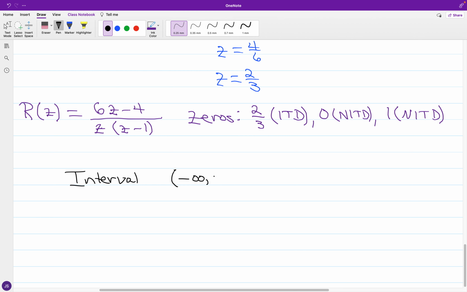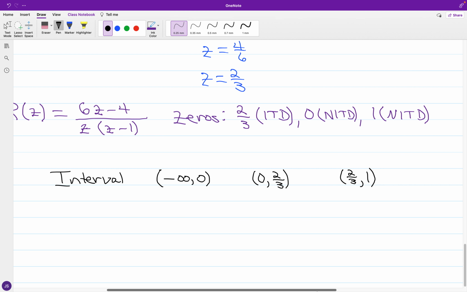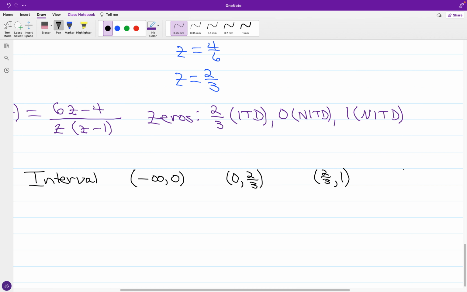So the first interval section will be those values of z less than 0, and then we have those values of z greater than 0 and less than 2/3. And then we have those values of z greater than 2/3 and less than 1. And for the remainder, we have those values of z greater than 1.